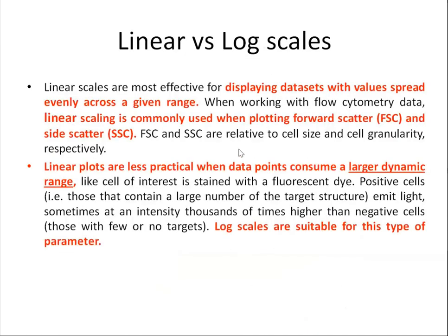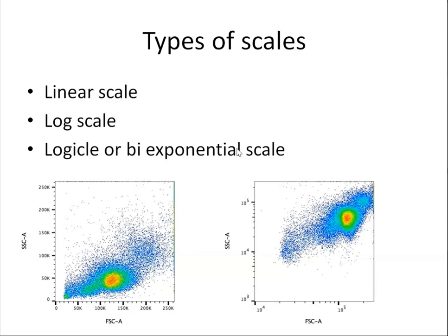When you want to show data or a parameter which is of a smaller range, you can use a linear scale. A linear scale is where the graduations are at equidistant intervals.